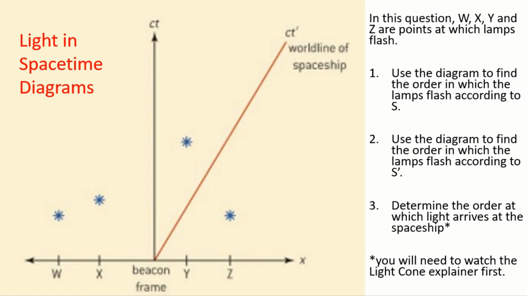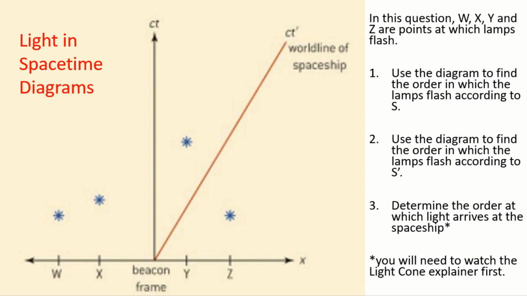The first one is to determine the order in which the lamps flash according to an observer in S. Now, that's quite simple. The way that we do this in S, our stationary frame of reference, is we draw lines which are parallel to the x-axis, and we just see how they interact with that CT axis.